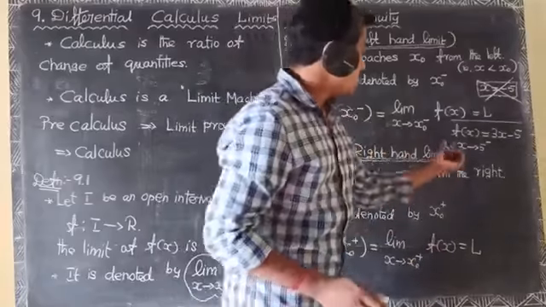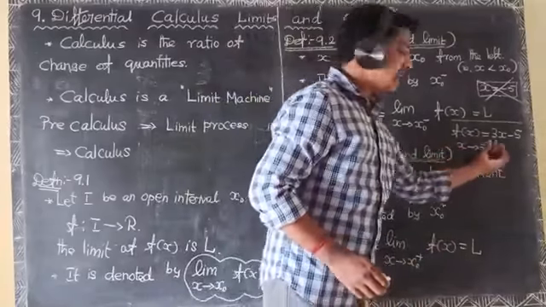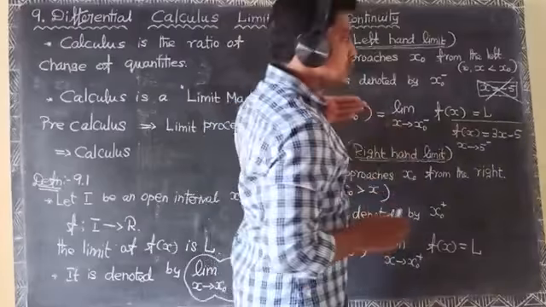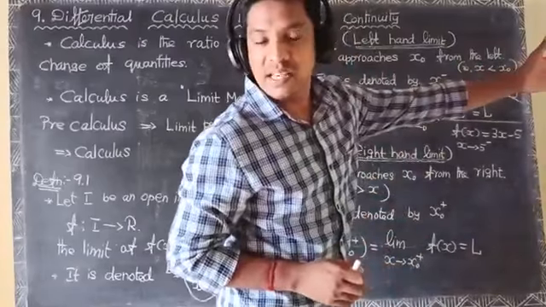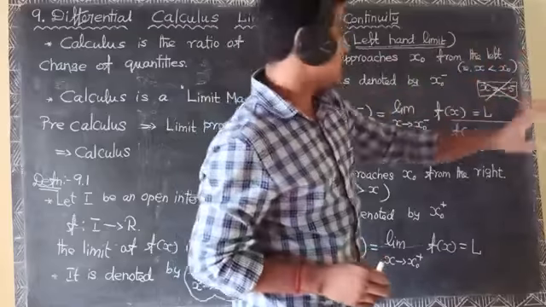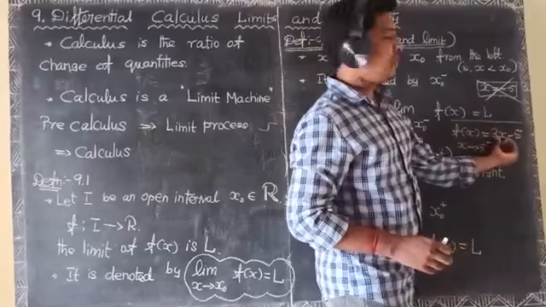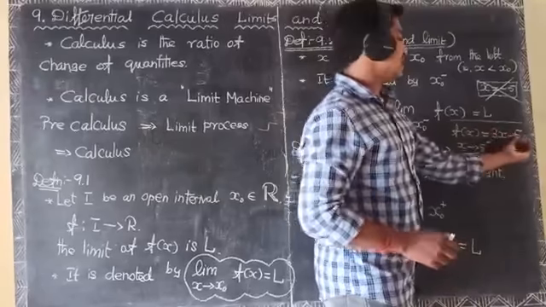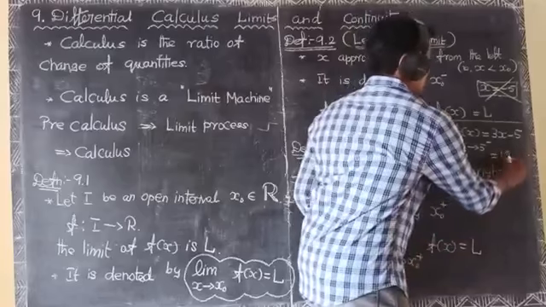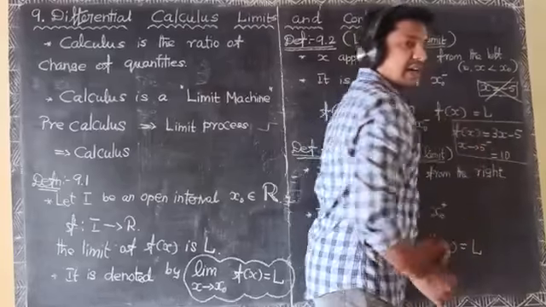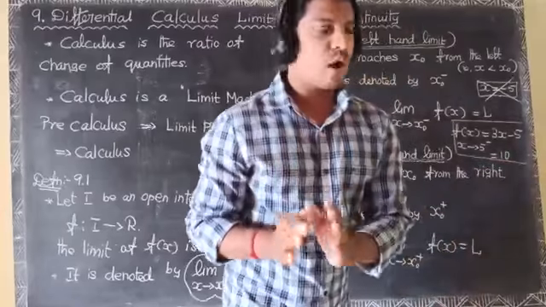Here substitute x equal to 5; the sign represents approaching from the left side. That is 3x minus 5, so 3 into 5 is 15, minus 5, which is equal to 10. This is the important one.